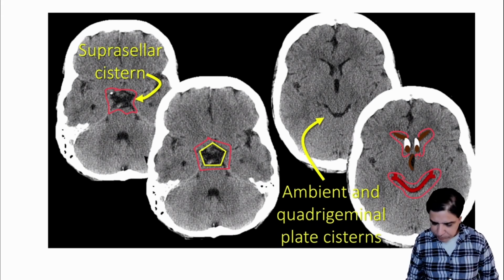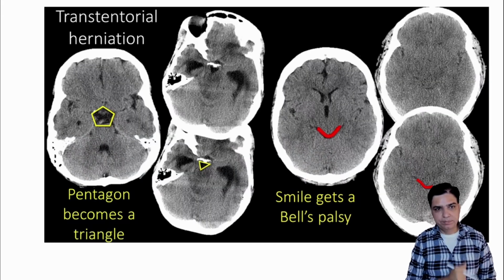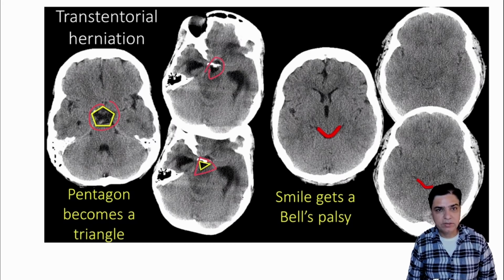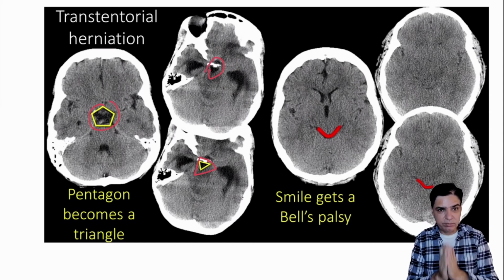Clear? Okay. If you see that this pentagon becomes a triangle or is distorted, like for example, this is a normal pentagon, and in this image you can see that it is being changed into a triangle. Here you can see it is probably a rhomboid shape or something. That simply means that there are mass effects. Mass effects mean that there is infratentorial herniation.